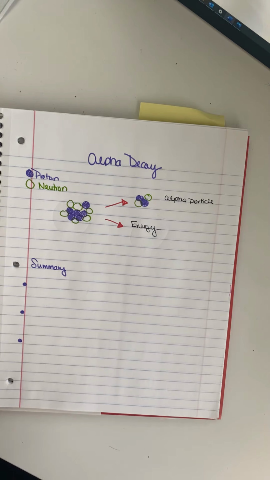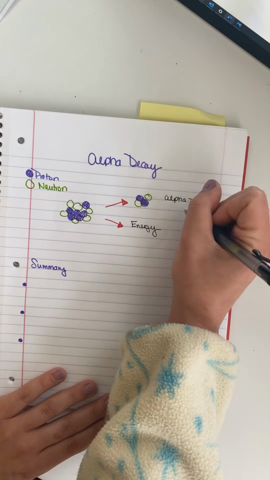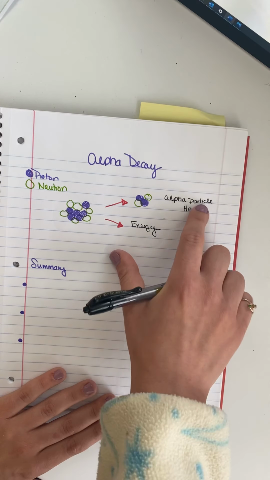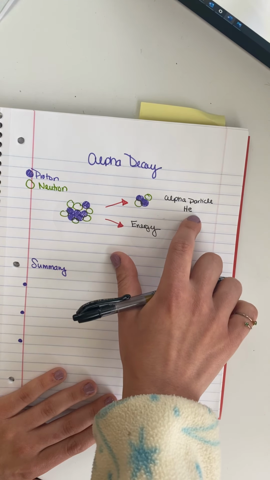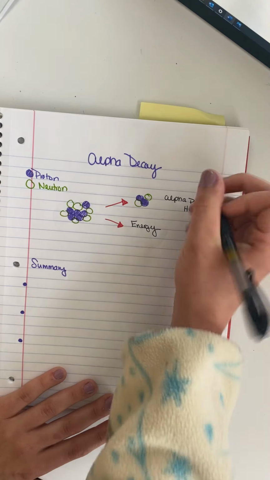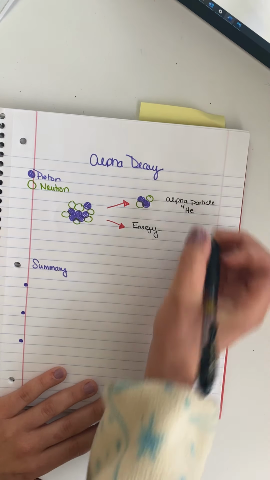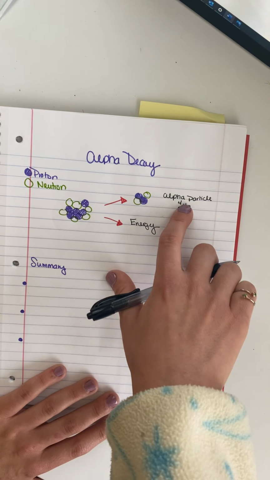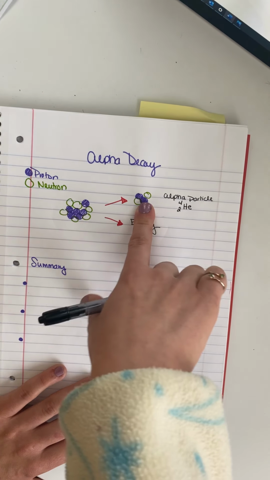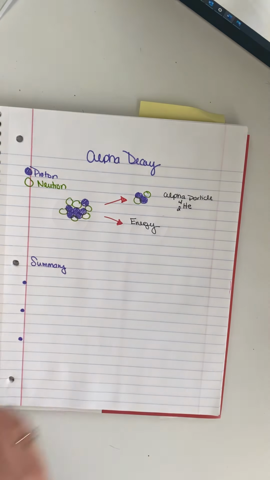So an alpha particle is actually just a helium nucleus. I'm going to write that here, that I can signify an alpha particle as a helium nucleus. And again, I'm going to put the mass up here and the proton number down here: 2 protons, 4 total subatomic particles in that nucleus.